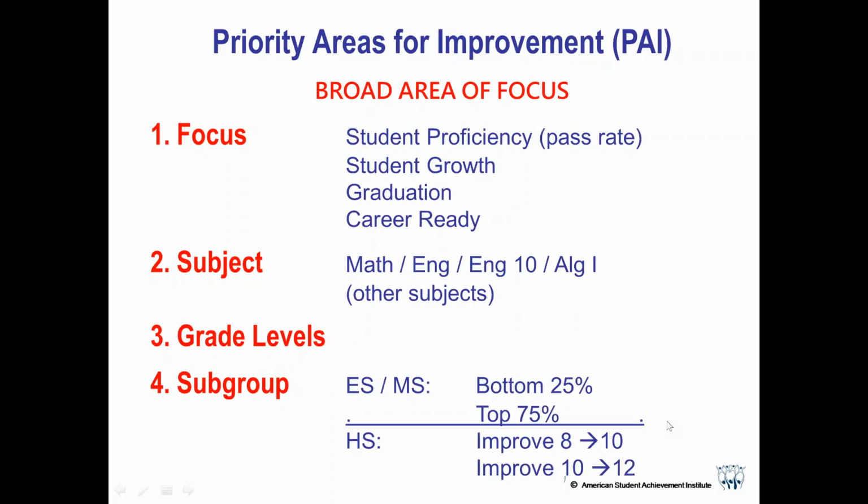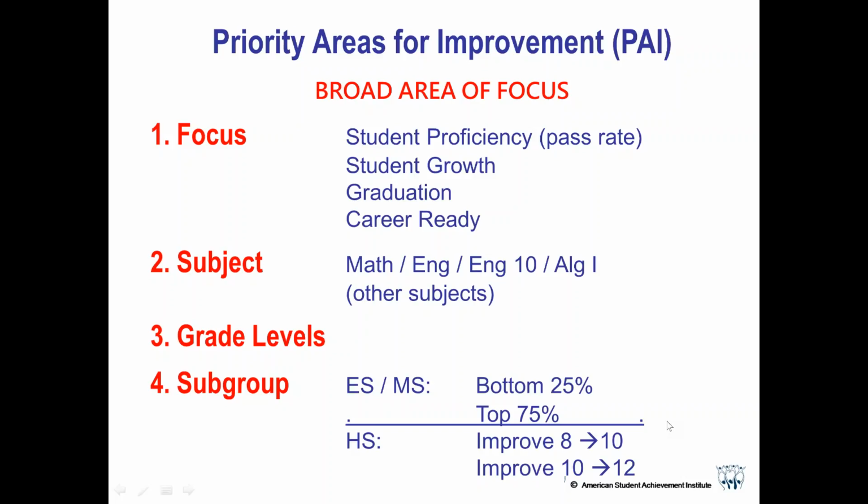Our system is going to spit that form out for you completed, and so this is where you're putting in the answers to those questions that will go into the Student Achievement Plan and your School Improvement Plan down the road. This is directly aligned with DOE's format. So DOE calls things focus, subject, grade levels, and subgroups, so that's what we're calling them.